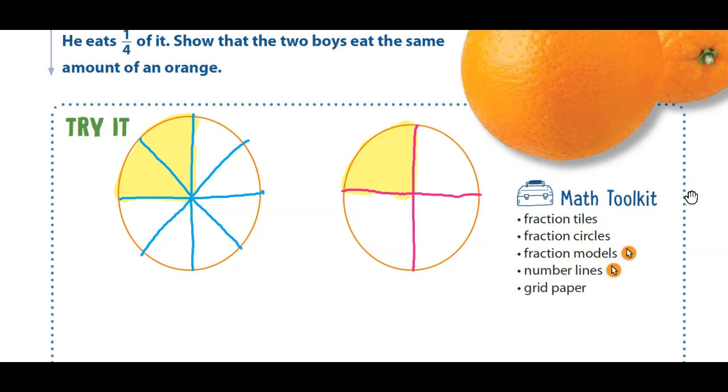Okay, for example, Carl probably had 2 slices, huh? Right? Okay, and Trey probably had 1 slice that was 1/4 of the orange. Kind of like this.